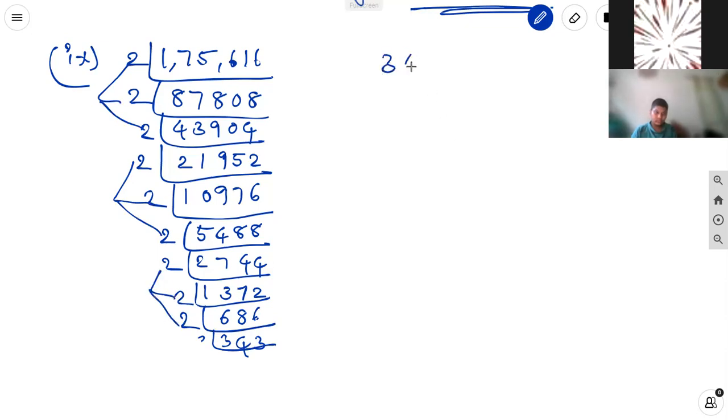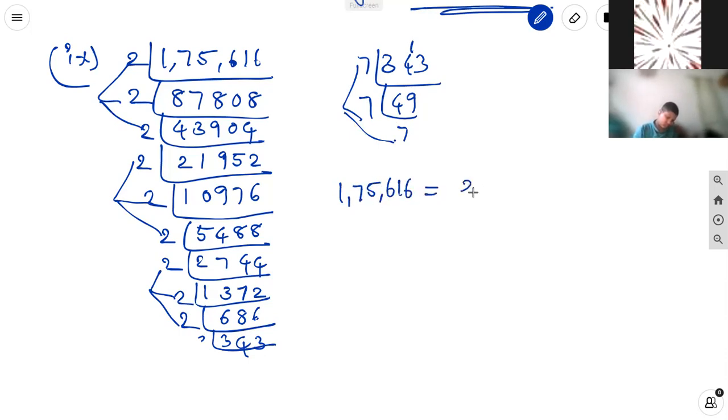Here 343 is a triplet of 7, 7 fours are 28, 7 nines are 63, 7 sevens are 343. This is a triplet.